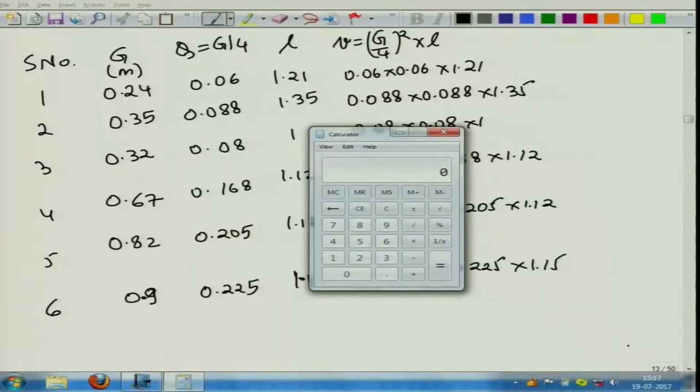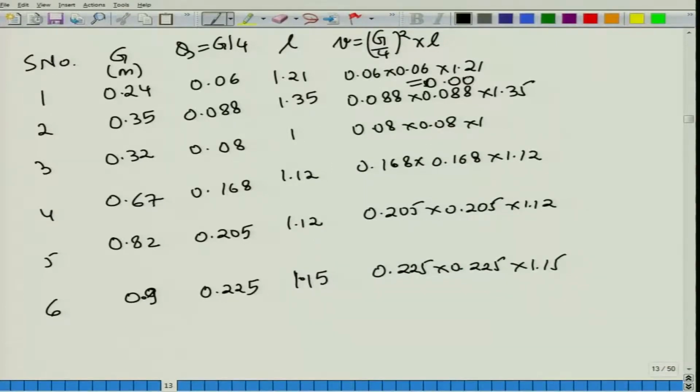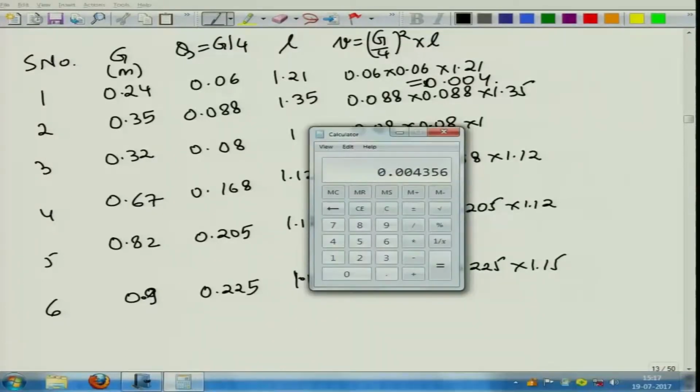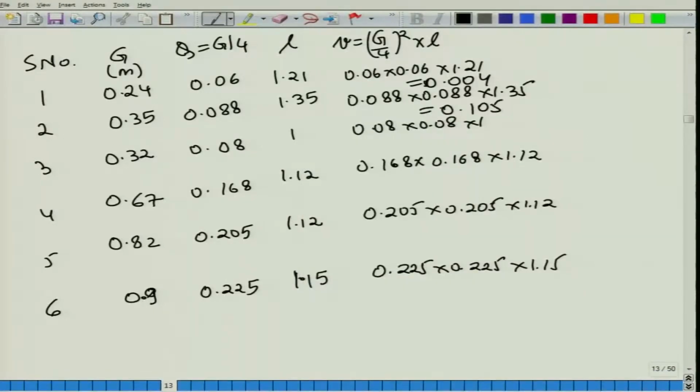So, in the first case we have 0.06 into 0.06 into 1.21, which comes to be 0.004. In the second case we have 0.088 into 0.088 into 1.35, which is 0.105. In the third case, 8 8s are 64, 0.006.